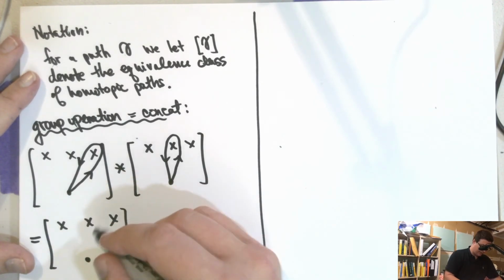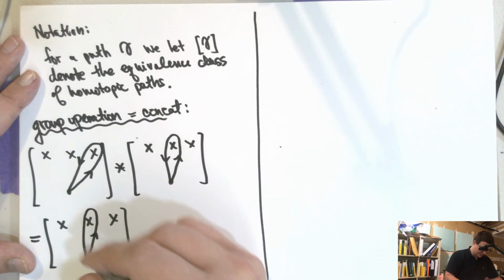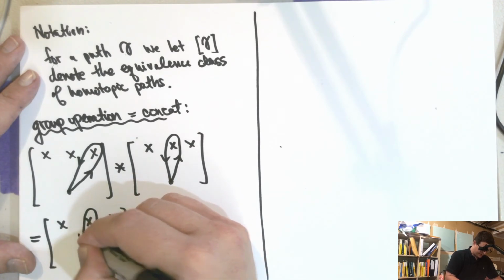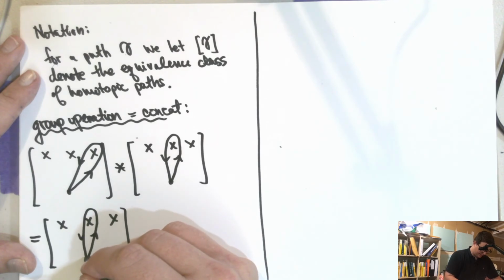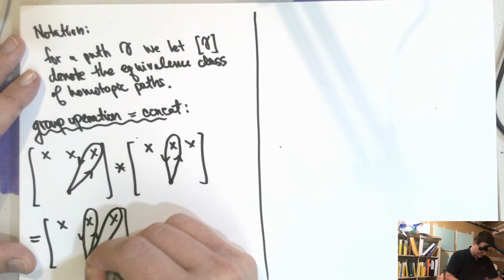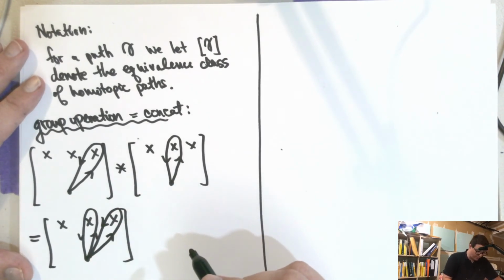We read it right to left. So we first go around this one, and then we go here, and then we go around this one, here to here. What does this one homotopic do?